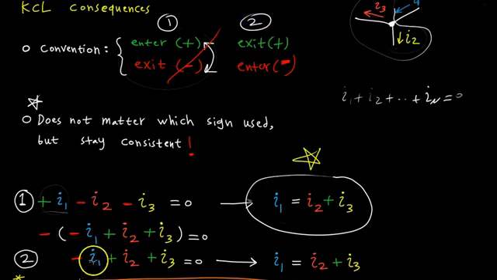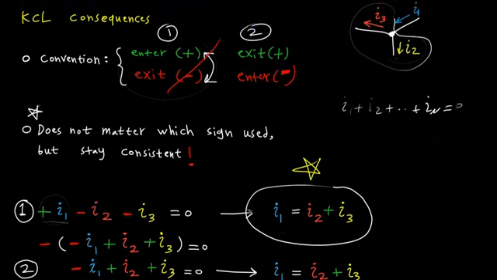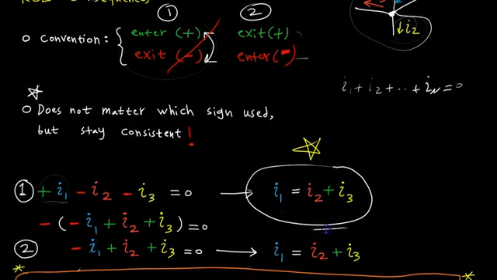In case 2, we have a current I1 entering the node, but now that is a negative sign. So minus I1 plus I2, because it is now leaving, and the convention is that exiting is plus, plus I3 equals 0. If you take I1 to the other side, we get the same result as above, which demonstrates that it doesn't matter what sign convention you use.